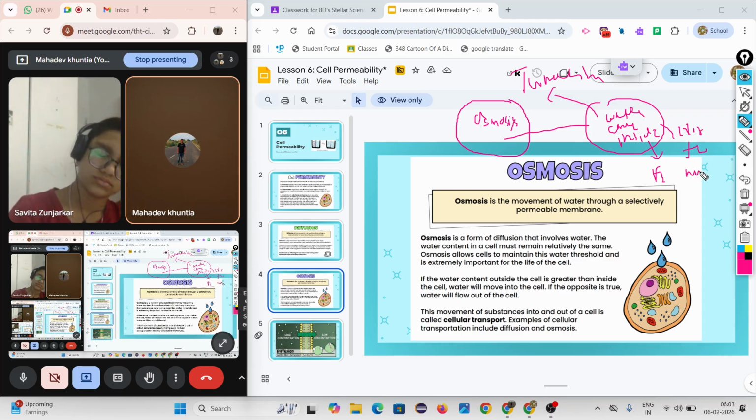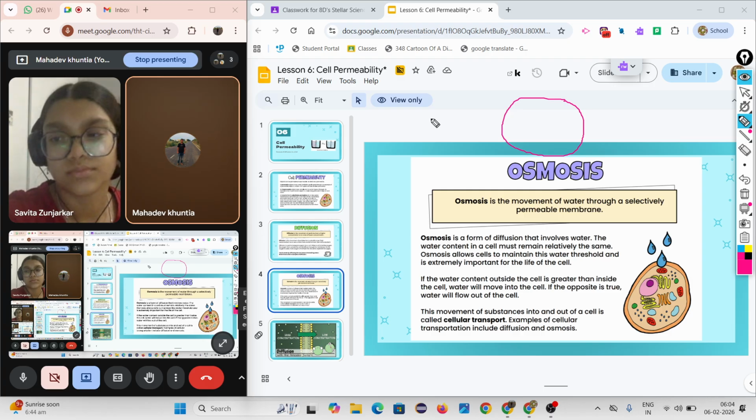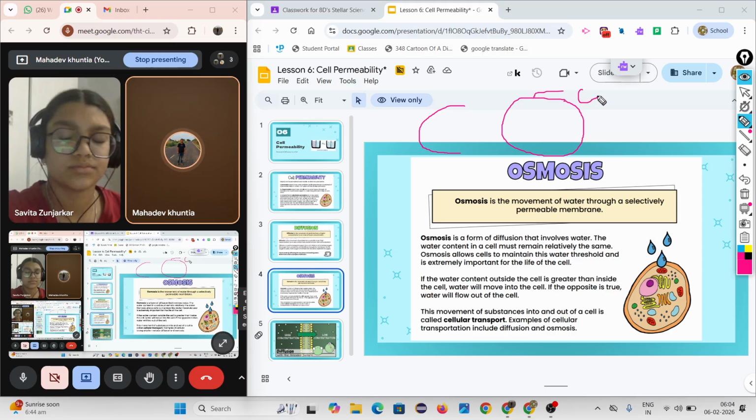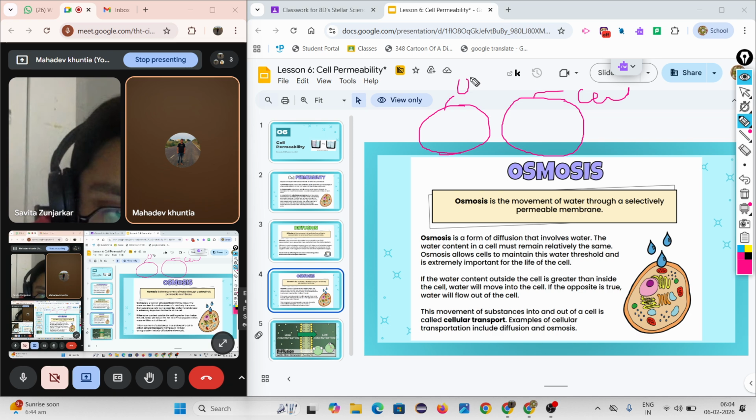If the water content outside the cell is greater than inside the cell, water will move into the cell. If the opposite is true, water will flow out of the cell. Look, it is a cell, and this is outside the cell.